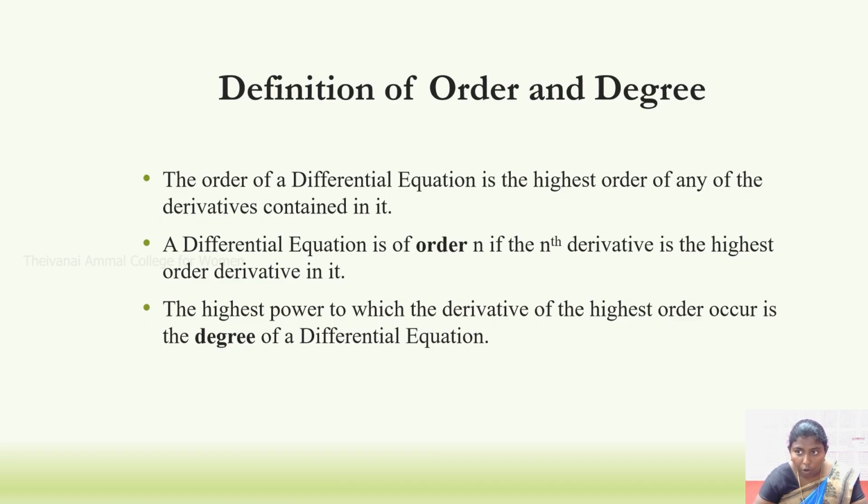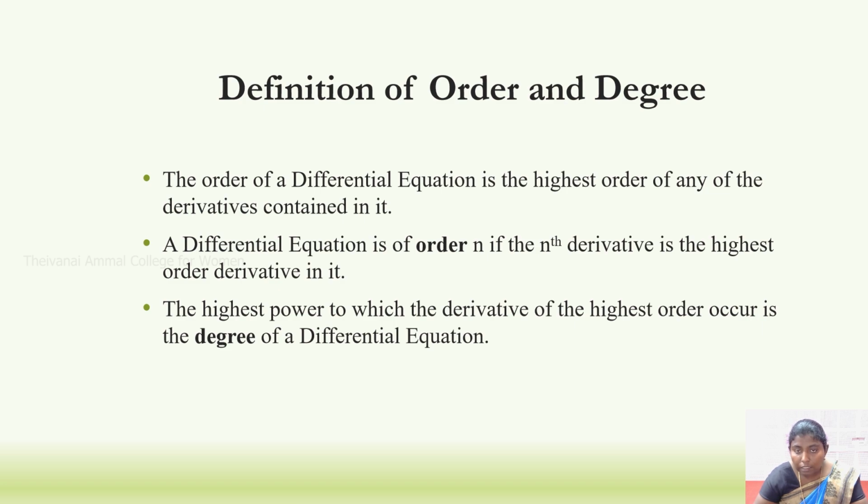Definition of order and degree. Order and degree play an important role. The order of a differential equation is the highest order of any of the derivatives contained in it, which means that a differential equation is of order n if the nth derivative is the highest order derivative in it.